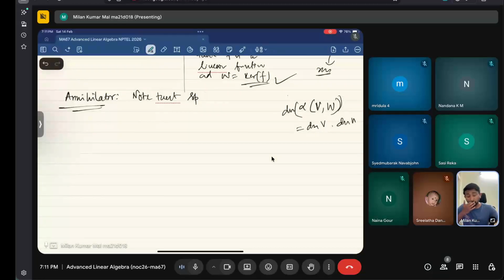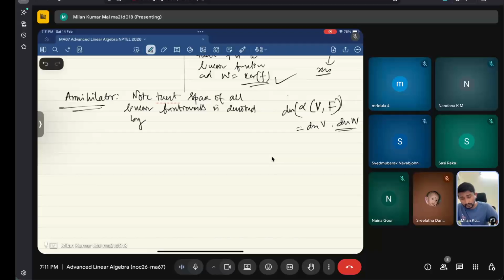Okay, so as I have said, the linear functionals are nothing but the space of all linear transformations from V to F, the underlying field, and the field has dimension 1 over itself. Then the space of all linear functionals is denoted by V star.